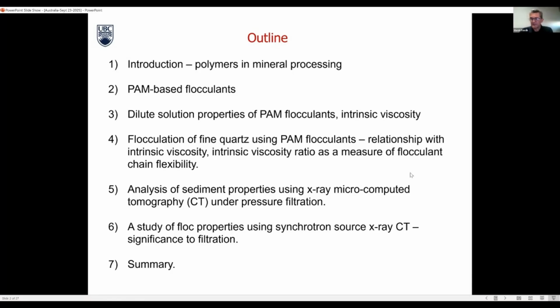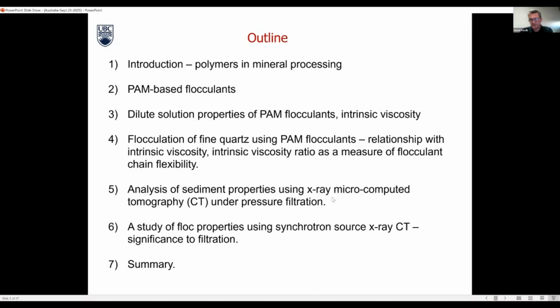We then got ourselves into X-ray computed tomography as a method for characterizing in situ flocculated sediments on a small scale, I must admit. This part of the work was primarily to develop methodology, to develop algorithms. This is a pretty complicated methodology and requires a lot of attention and mathematical evaluation, but the data are extremely useful.